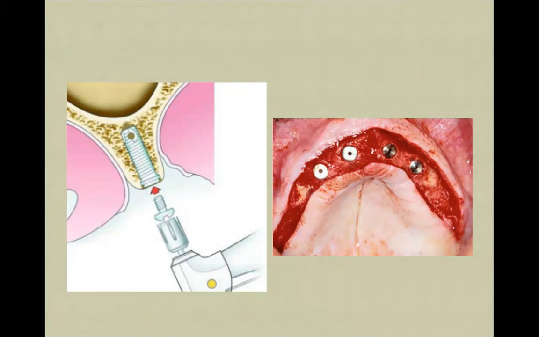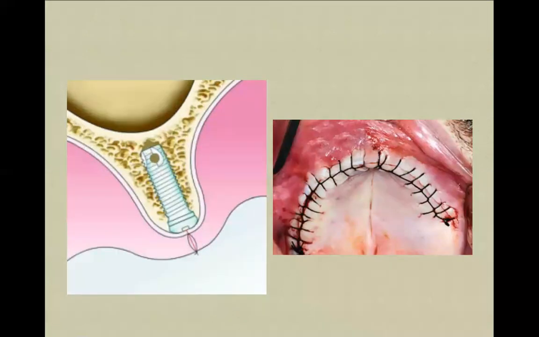And it is possible that the tissue, the bone or soft tissue, will grow inside and will block those threads, and we don't need it. For that, we're using a special covering screw like this. Just cover the internal channel of the implant and leave it like it is. What else? What next? Just suturing.